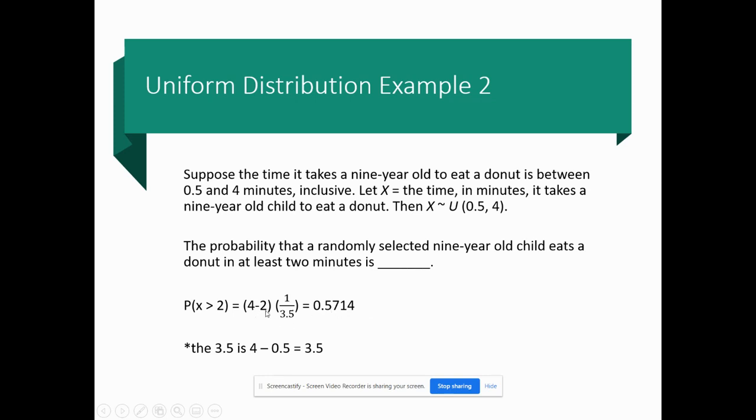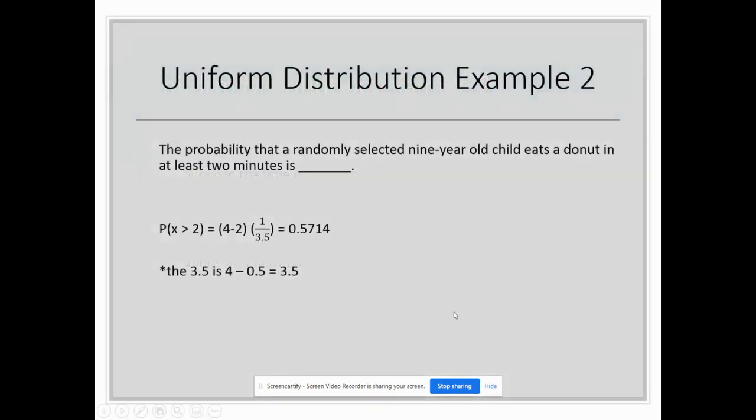So it's 4 minus 2 times 1 divided by 3.5 equals 0.5714. And remember, the 3.5 is 4 minus 0.5 equals 3.5. So the probability is almost 57% that they'll eat it in at least 2 minutes. Okay, and that's how you do that one.